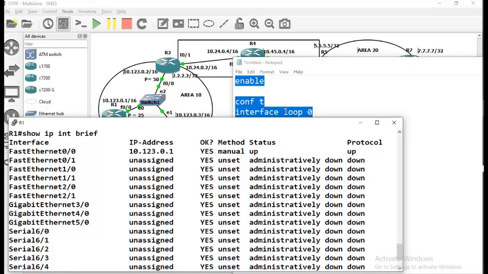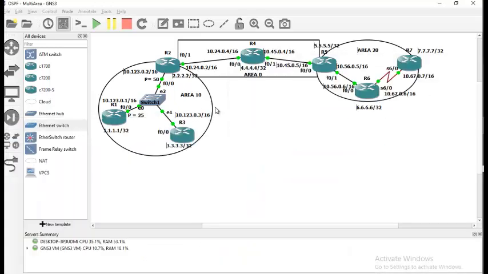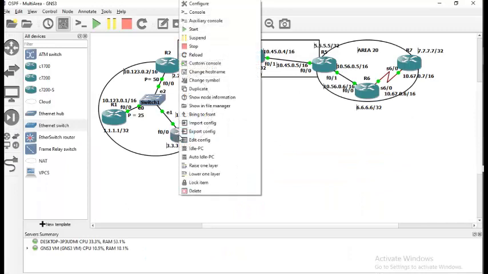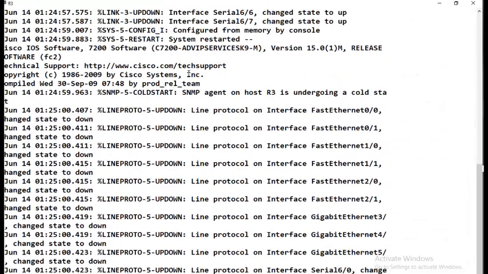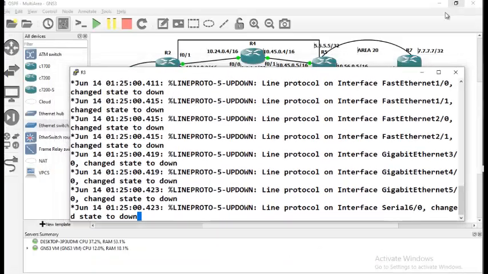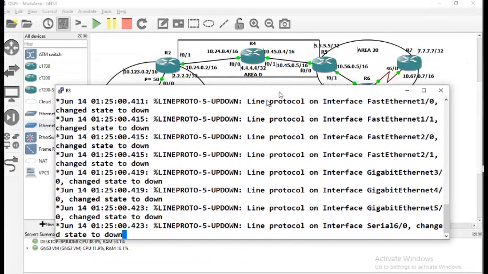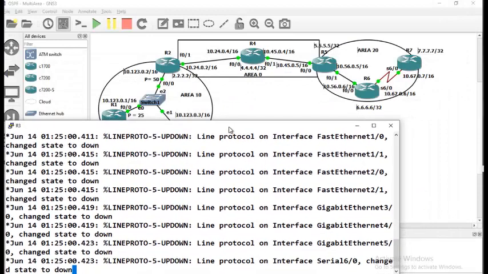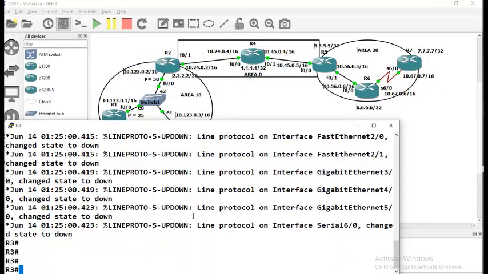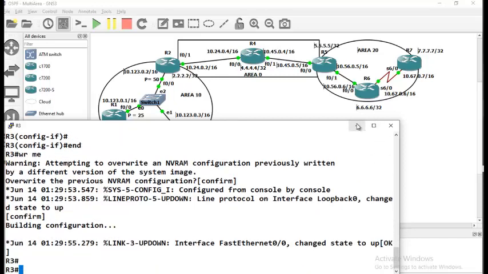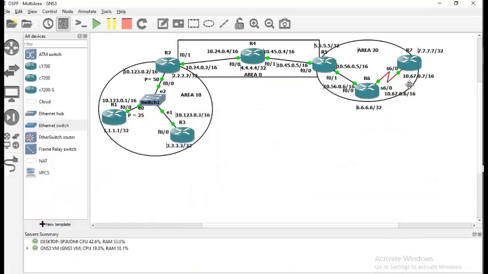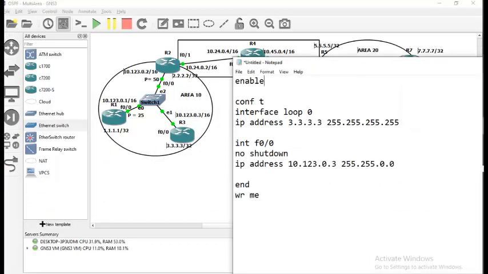Router 3. Yeah. So there's another router which is having two interfaces with router 7. So for router 7, this is going to be 7.